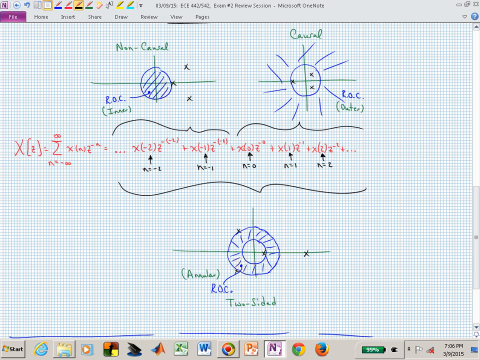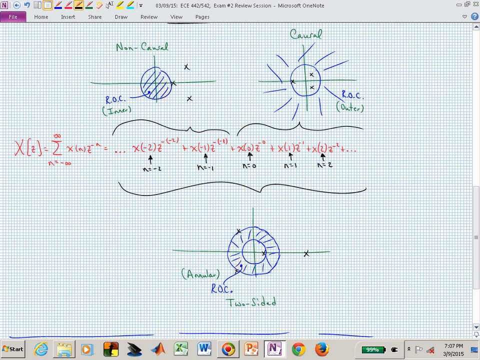Now I hope, with this picture, if that's even in your notes, which you could put in your notes, if you just look at the 3 possible cases for the region of convergence, you should be able to very quickly know what region of indices, n's, are valid.